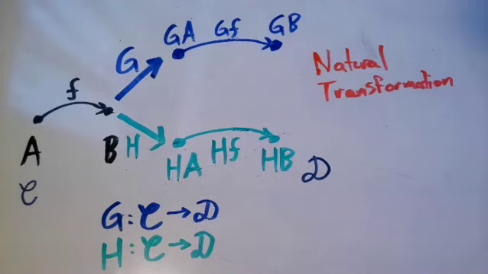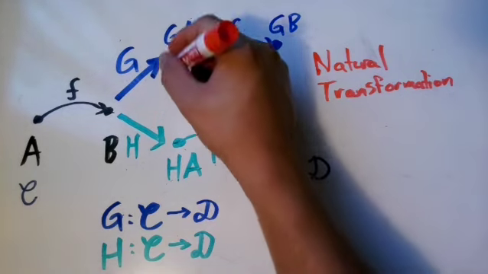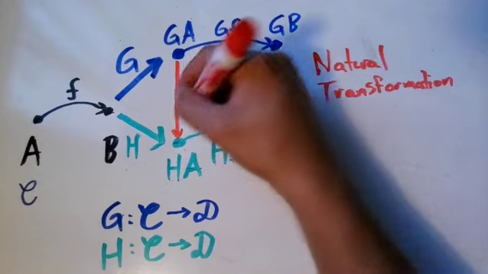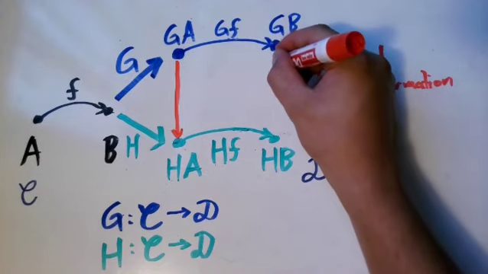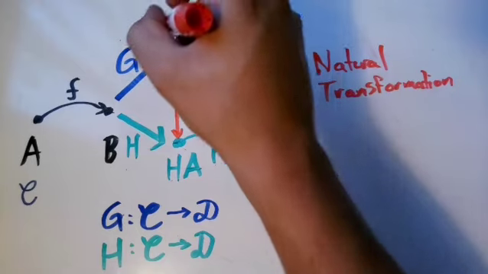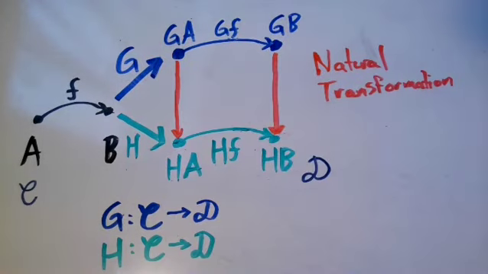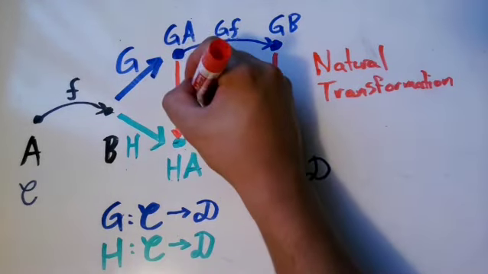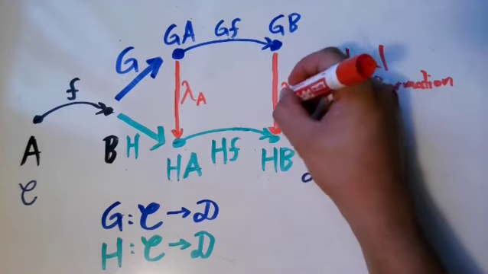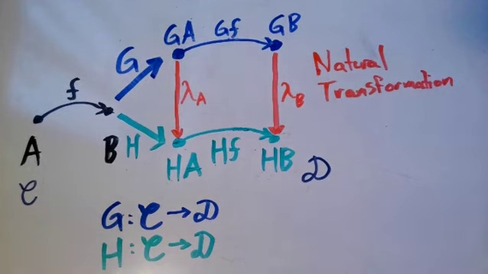And suppose that for every object, we can associate a morphism in D, going from the image of that object under G to the image of that object under H. For each one, we might call it lambda A, lambda B, and so on.